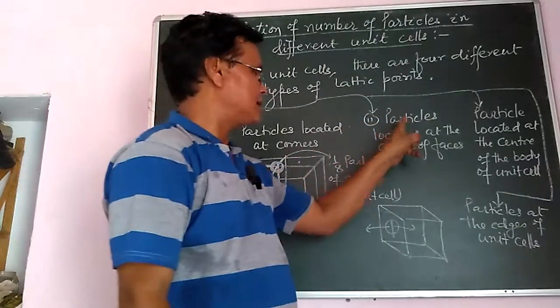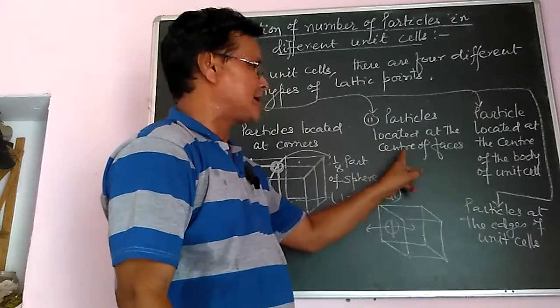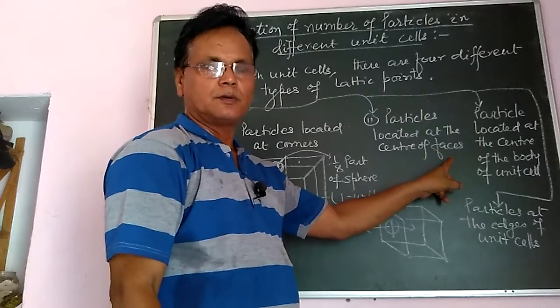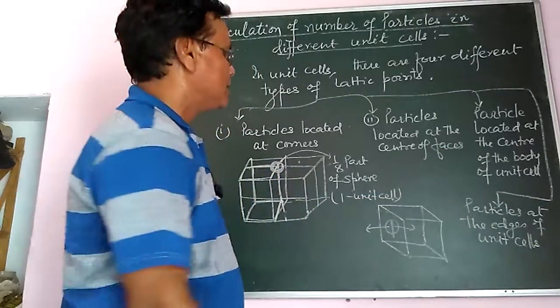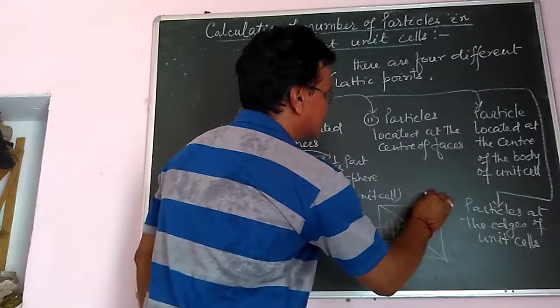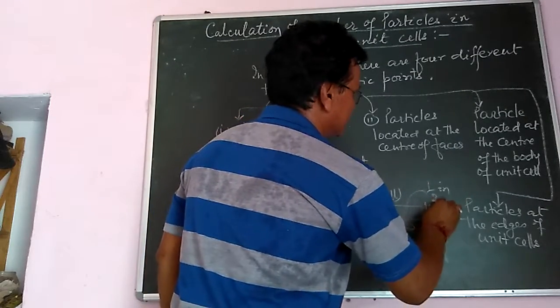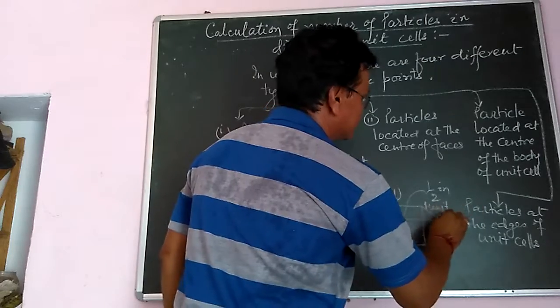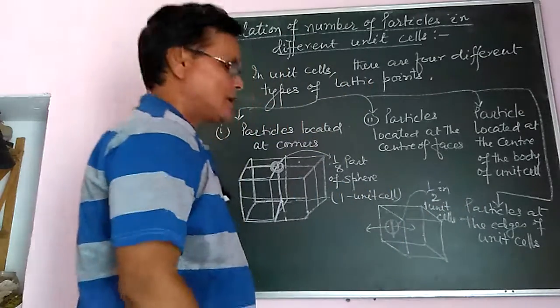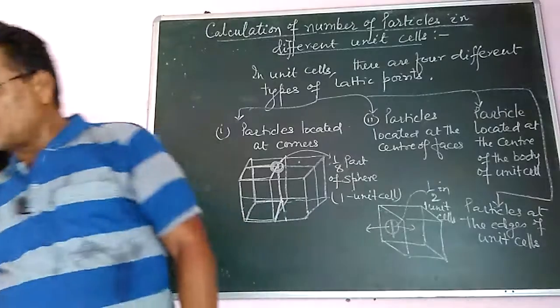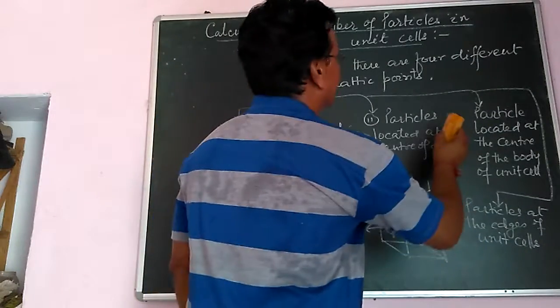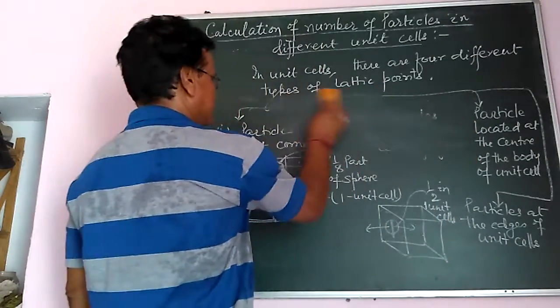So for the particles located at the center of the faces, the contribution would be 1/2 in one unit cell.